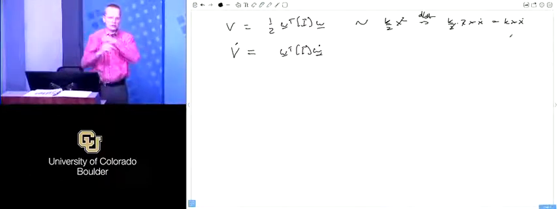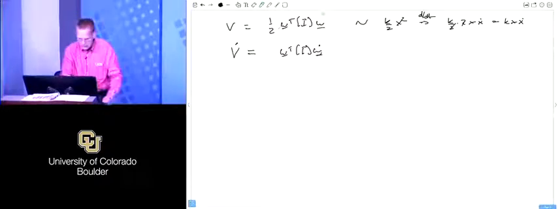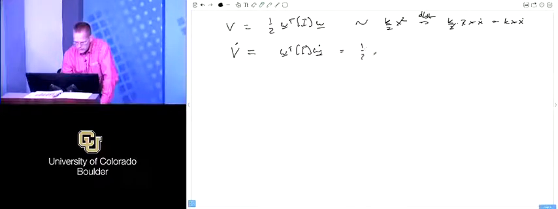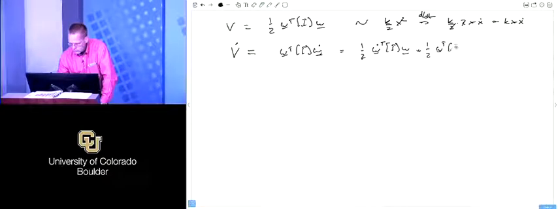And because they're all scalars, you can rearrange any way you want. Here, if we go through V dot, I have 1 over 2, let me just write this out. And then I'm going to grill you guys.